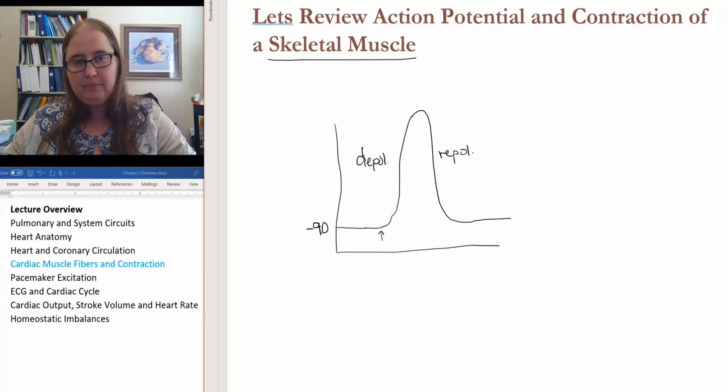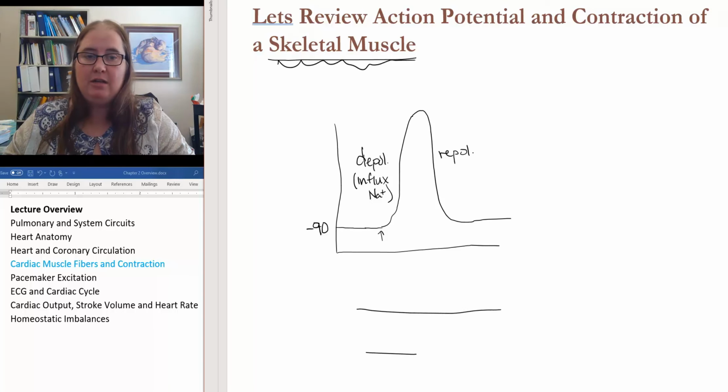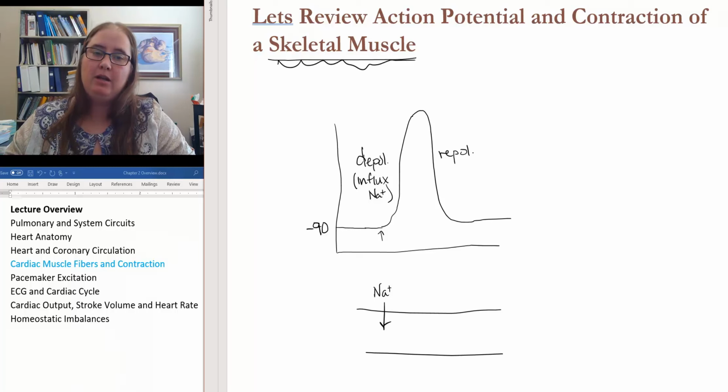Okay, now this depolarization event in the case of a skeletal muscle, again, remember we're referring to a skeletal muscle, is caused by an influx of sodium into the cell. Okay, so if we're looking at the inside of a cell here, in this case sodium is going into the cell and causing this to become positive, right?